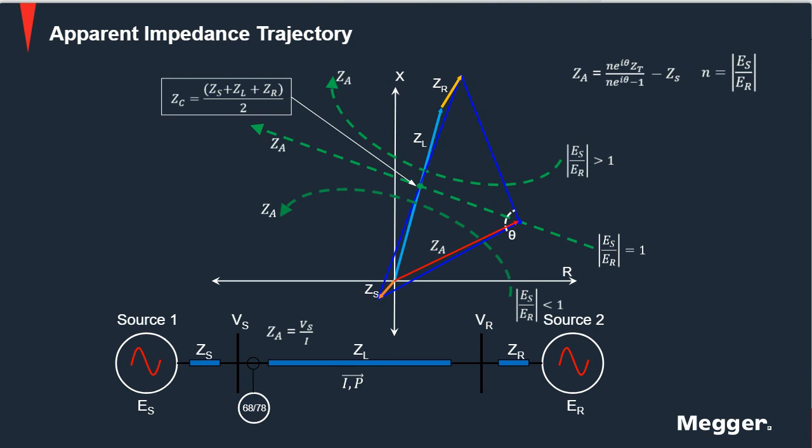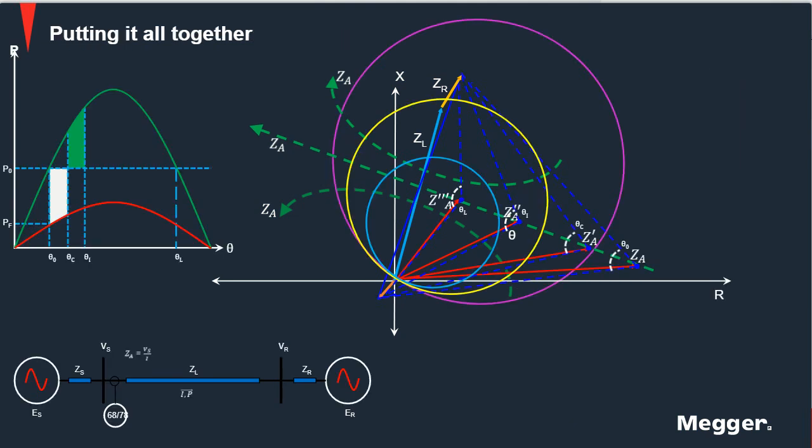Now the angle between these voltages is this angle here that I have represented here, and you can see that as this angle changes, the position of the impedance in the impedance plane is going to change. When we have that particular case of the ratio of the voltage on the sending end divided by the voltage on the receiving end equal to 1, then we have this straight line.